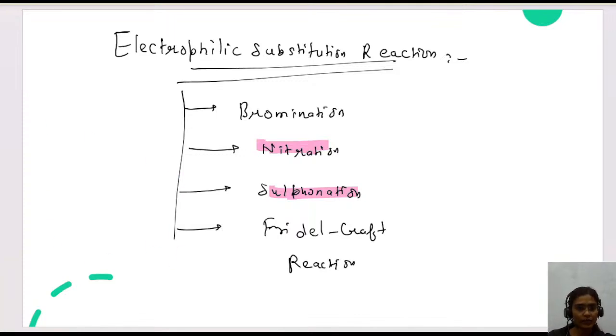Let's discuss bromination. I have to simply write the reaction only. The mechanism you already know from the previous classes, so let's not waste our time. So let's discuss the bromination of aniline.